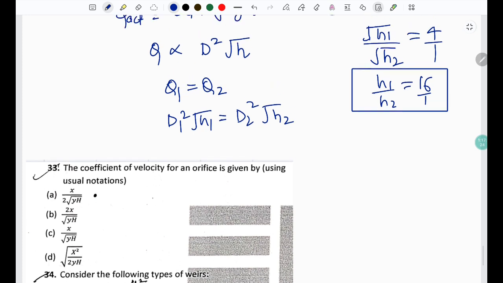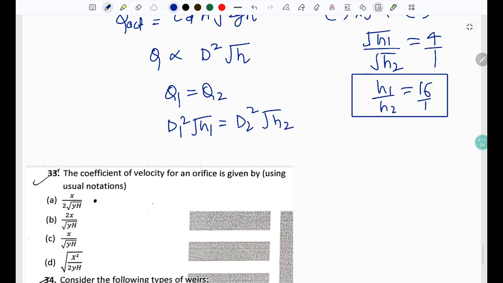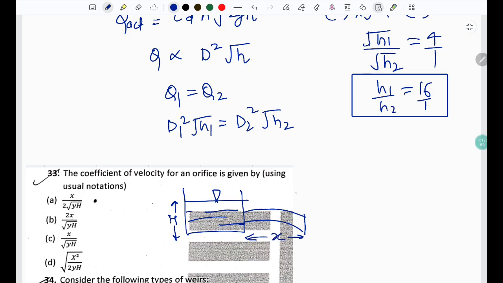Here is another question which says the coefficient of velocity of an orifice is given by, one should remember this directly, and it simply means, let us say this is our reservoir or tank with a head H. This is the water filled, and this is how the water is coming out of it at distance x, and this is the difference y.